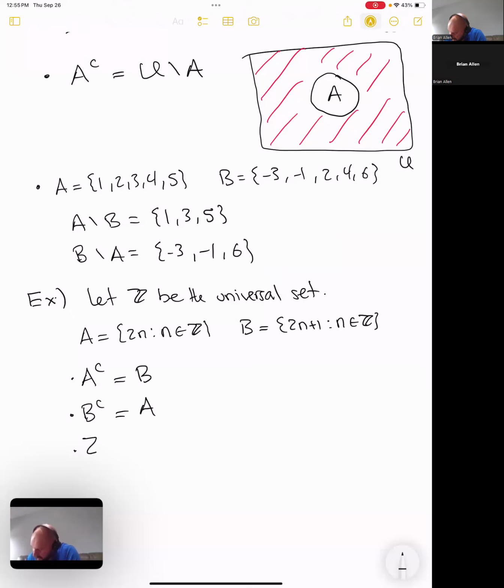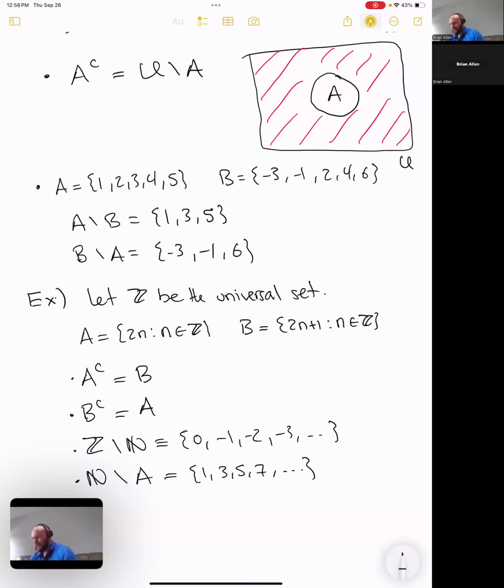And if you take the integers and subtract the natural numbers, then you get the set 0, -1, -2, -3. And if we take the naturals and subtract A, then we just get the odd naturals, which is not B in this case because B is the odd integers.